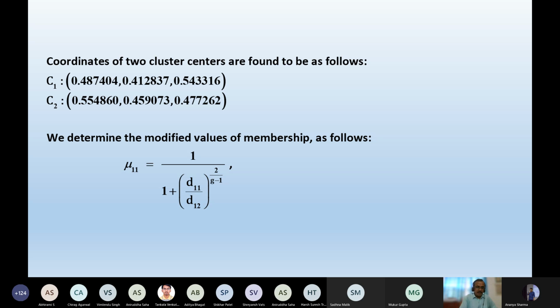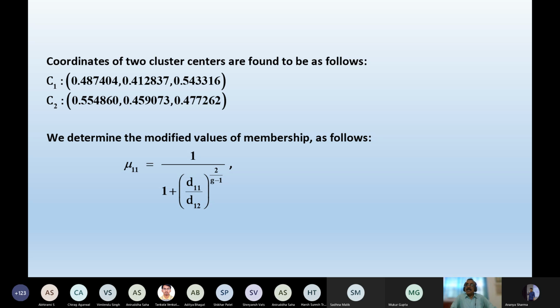Now C1, that is the first cluster center, having three numerical values like C11, C12, C13. C2 is nothing but C21, C22 and C23. So you'll be getting C1 and C2 as the cluster centers.